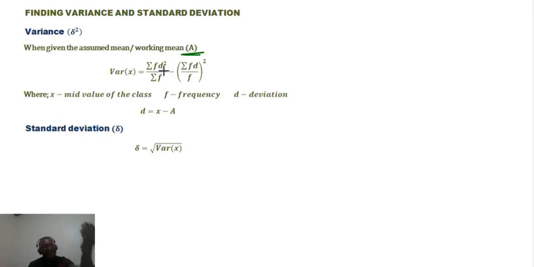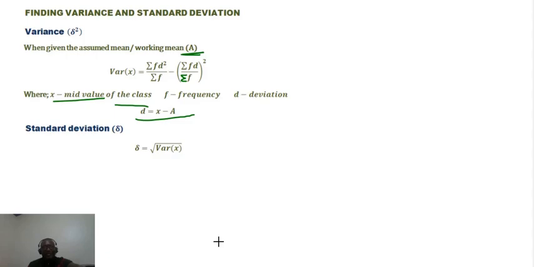Just like we saw in the previous video, we shall have summation fd squared all over summation f, minus, in a big bracket, summation fd all over summation f, where d is the deviation, and we can find it as x minus capital A, where x is the mean value of the class. A is the assumed mean. The standard deviation is just the square root of the variance.